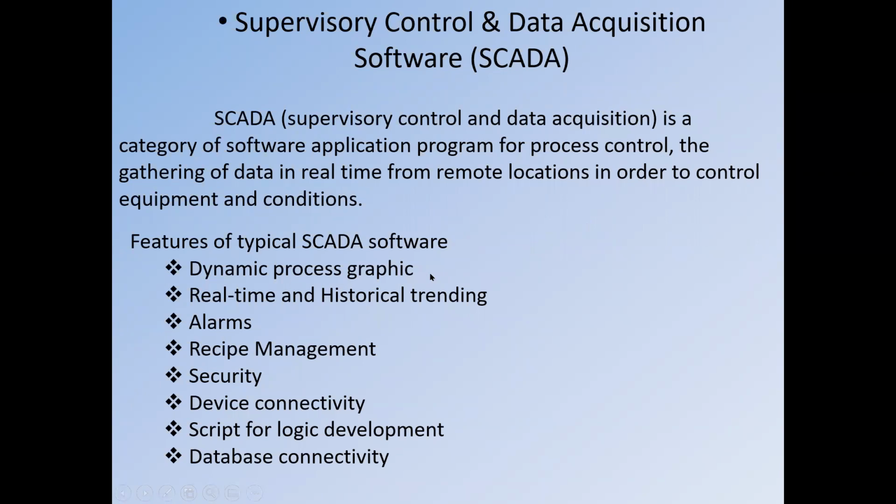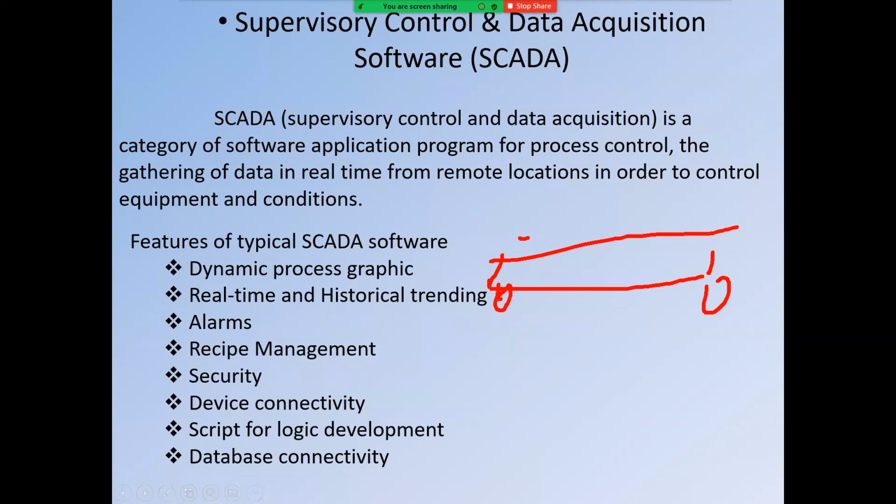Okay, so it provides dynamic process graphics. Dynamic process means, let's say you have multiple bottles moving on a conveyor belt. That graphic shows the bottles moving on the conveyor belt. If somewhere there is a fault and the conveyor is stopped at a certain point, then this graphic will also stop at that point, and it will give you a graphical representation of what is going on in the field.